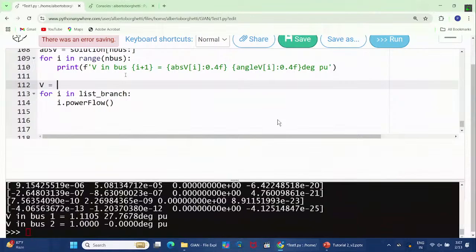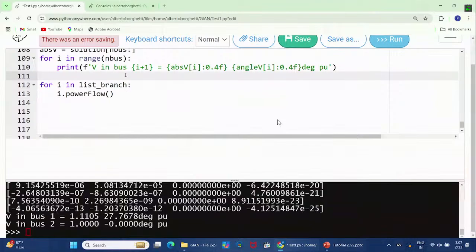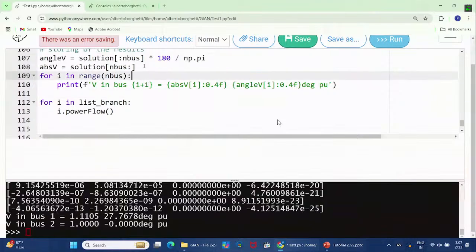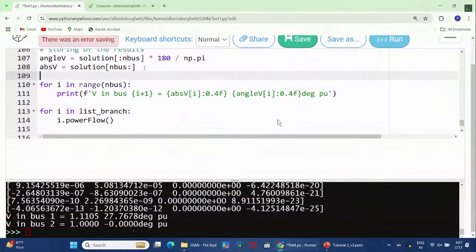I do apologize, other than printing, we can store all the voltages or all the solution in an array, so we can define here a voltage array equal to np.zeros with the number that is n bus.